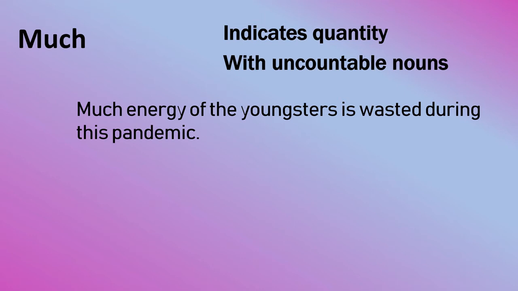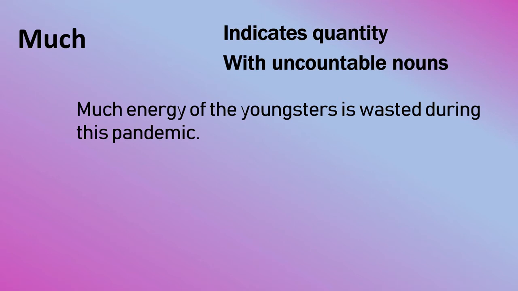What point do we have to notice here? Energy, the noun which is introduced with the help of the determiner much, is an uncountable noun. We cannot count energy as one energy or two energy. It can be treated only as an uncountable noun, and we use much in front of that noun as a determiner.